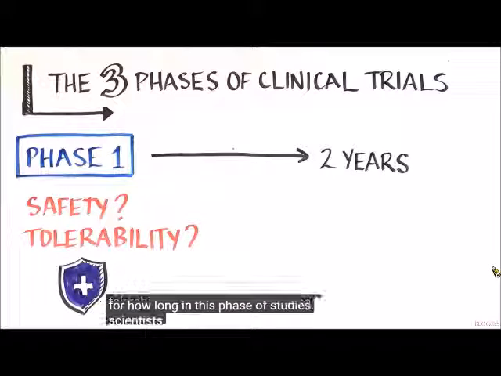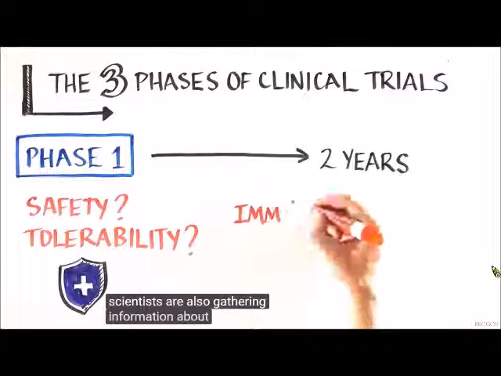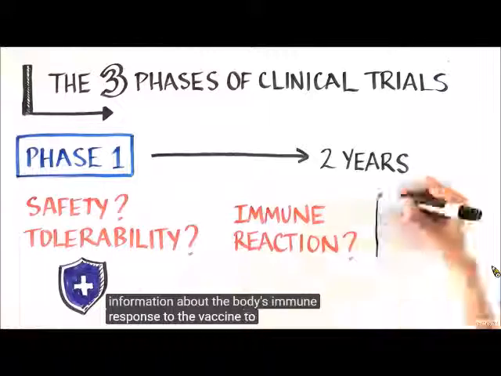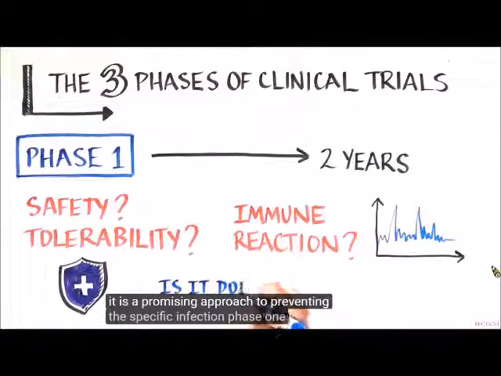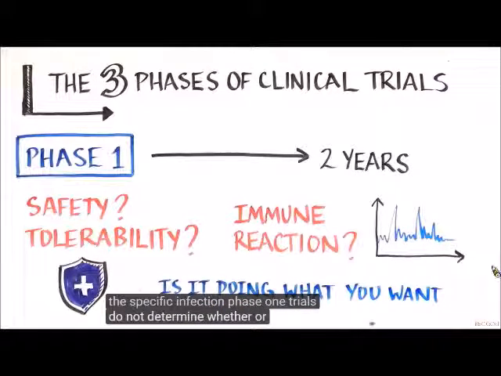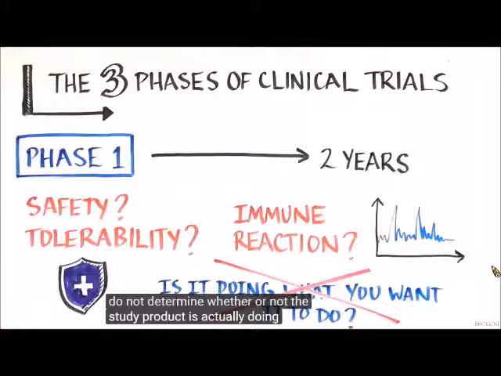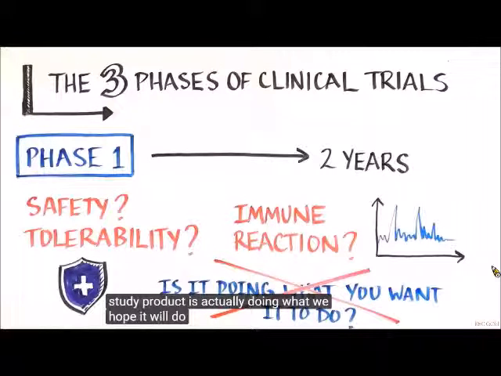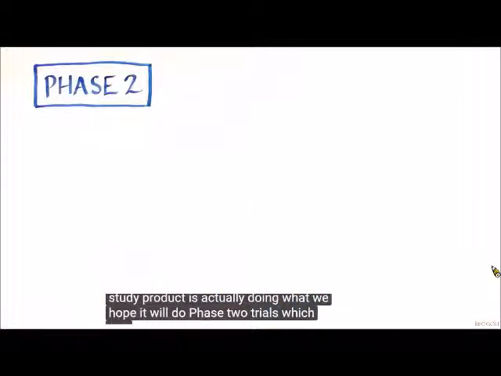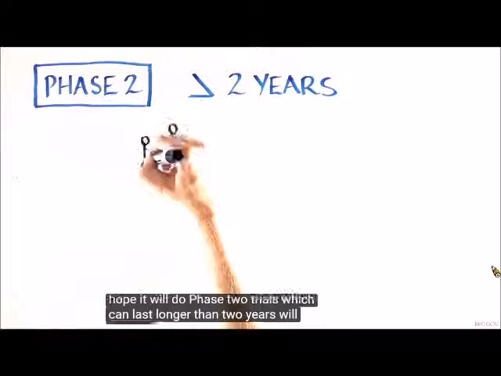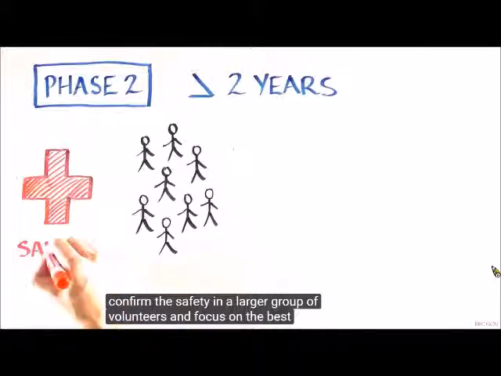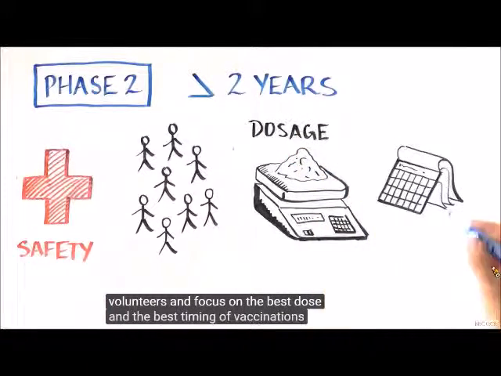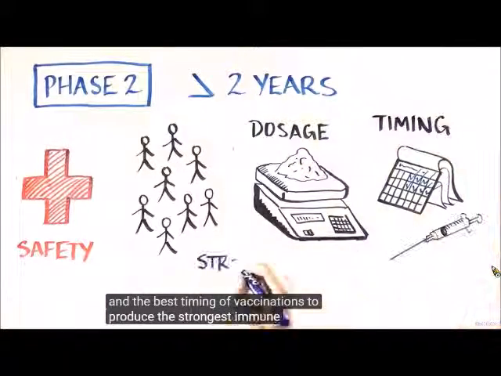In this phase of study, scientists are also gathering information about the body's immune response to the vaccine to see whether it is a promising approach to preventing a specific infection. Phase 1 trials do not determine whether or not the study product is actually doing what we hope it will do. Phase 2 trials, which can last longer than 2 years, will confirm the safety in a larger group of volunteers and focus on the best dose and the best timing of vaccinations to produce the strongest immune response.